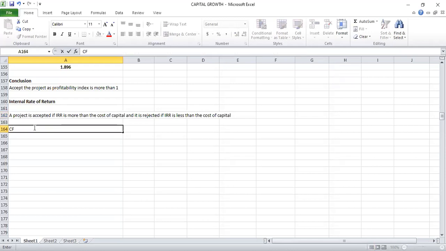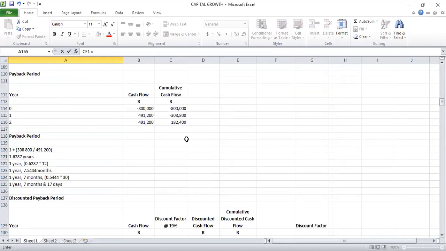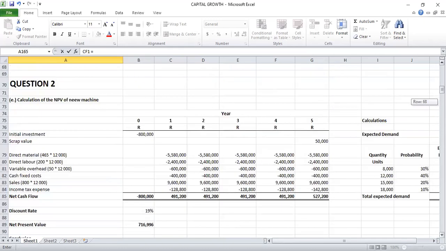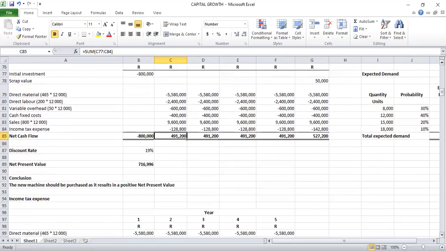So, right, we've got cash flow 0, which is equal to what? 800,000, the initial investment. Cash flow 1, I remember that in cash flow 1 to 4, it was 491,200 up to year 4.